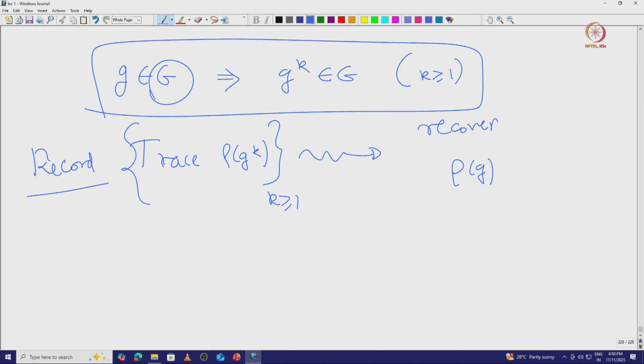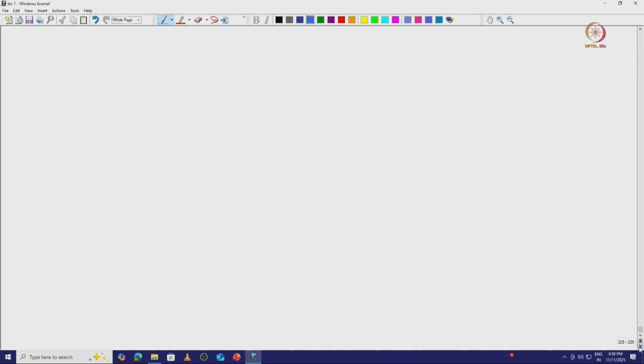So, we can use the entire symmetry of the group, record everything about the trace of each element, and call that the character. From that character, we may be able to recover the entire action of the group on any given representation. So, that is the motivation that leads us to define the character.